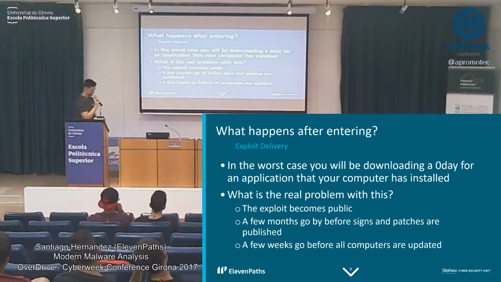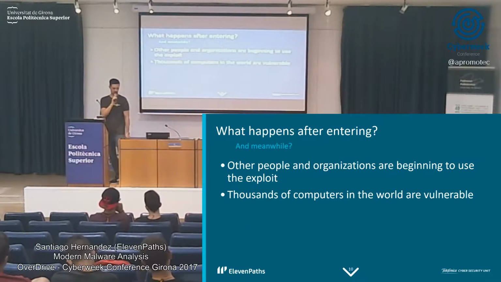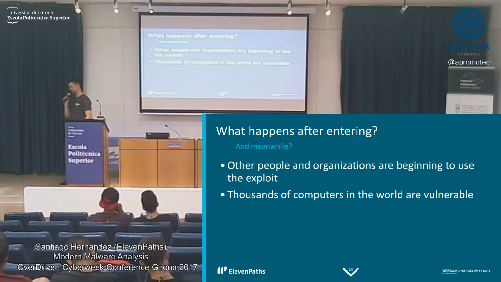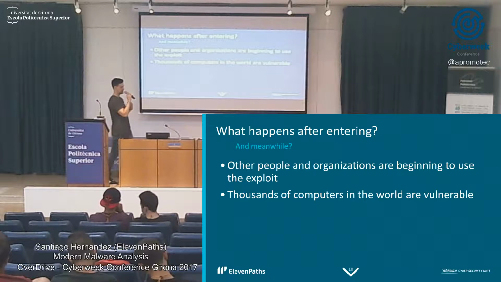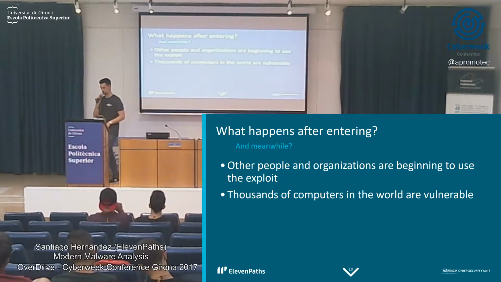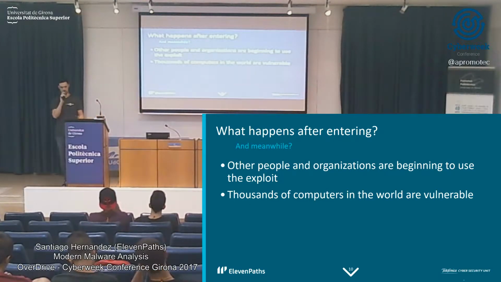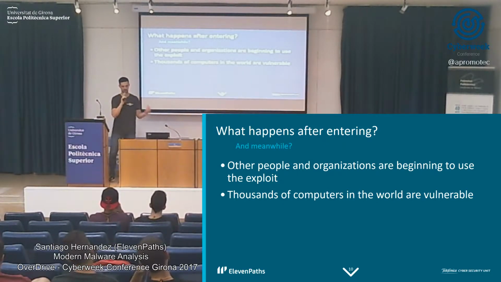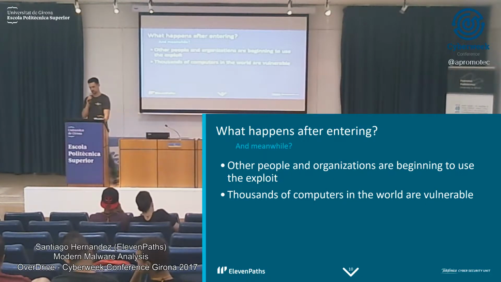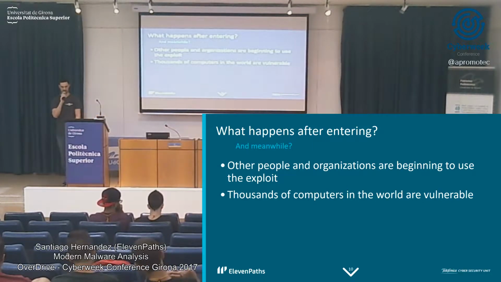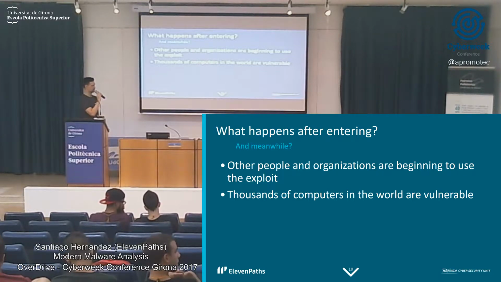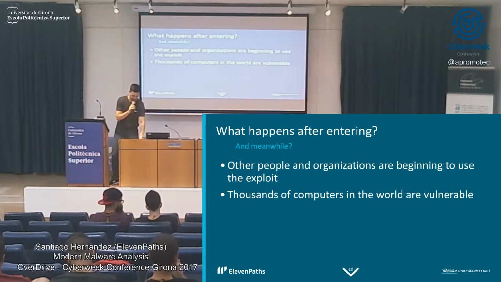So in that time, other people around the world start using those public exploits, and they don't know how to code that exploit or what vulnerability the exploit is exploiting. They don't know anything about it. They just take the code and use it in their own malware. So that's a big problem, because in that time between the exploit becoming public and the companies patching it, there are thousands of computers in the world that are vulnerable.